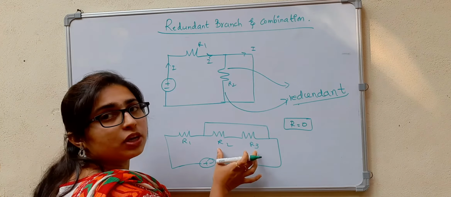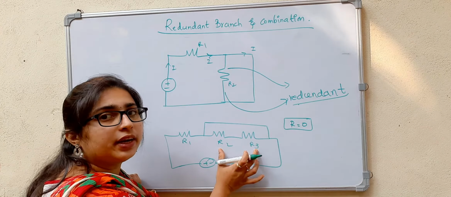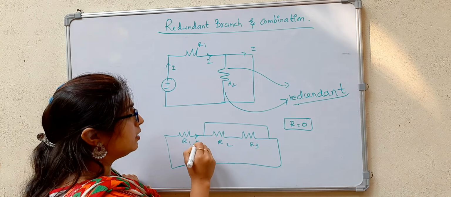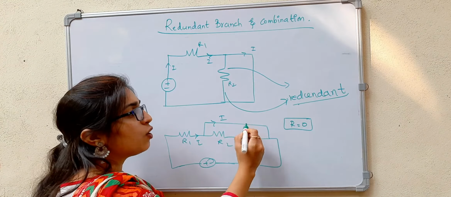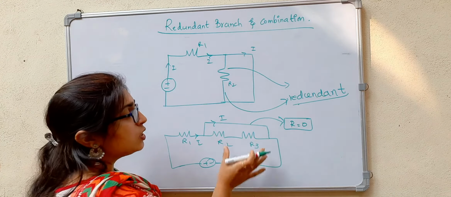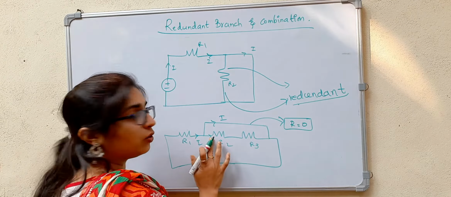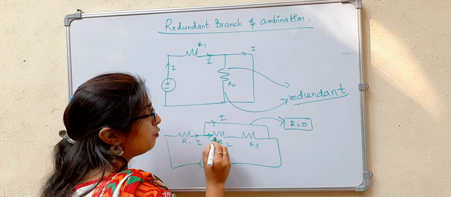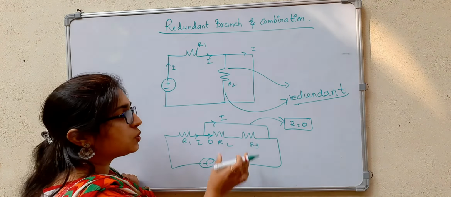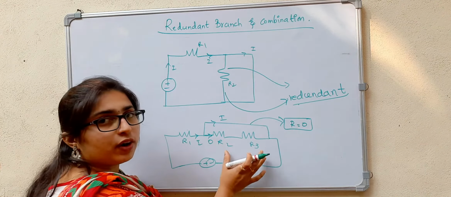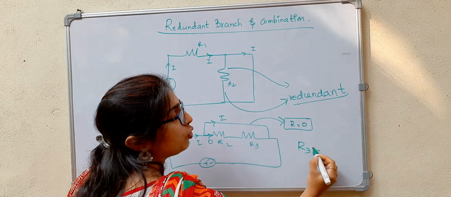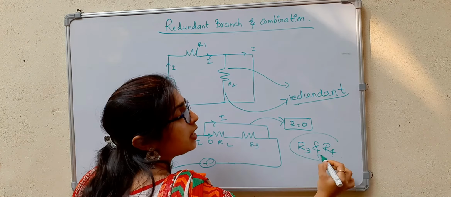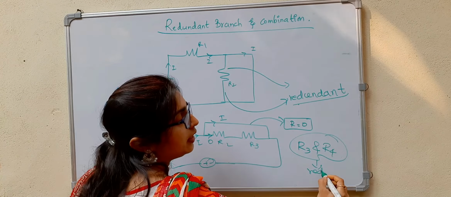So this combination of resistance now becomes redundant because the current here takes the path of this short circuit because it is offering zero resistance. So it does not follow this path. Okay. So the current which is flowing here will be now zero. So this combination of resistance does not carry any current. So the R3 and R4 combination of resistances can be considered as redundant.